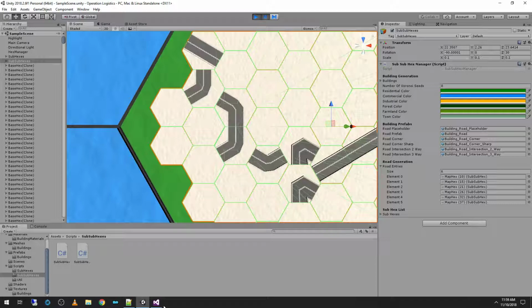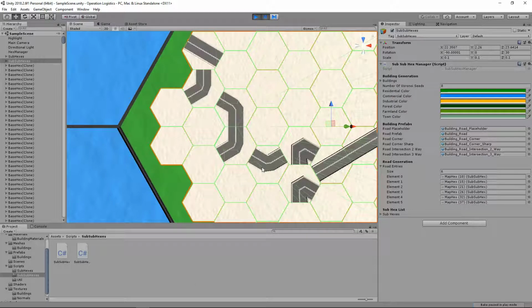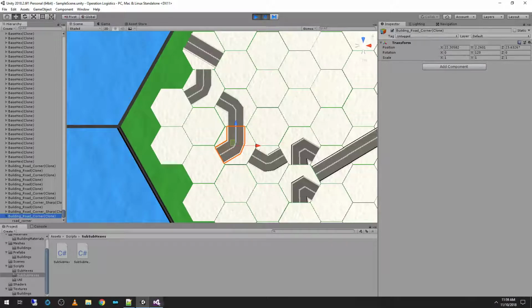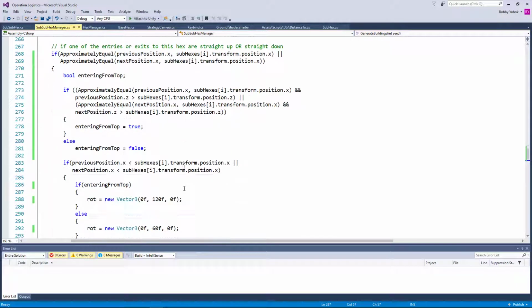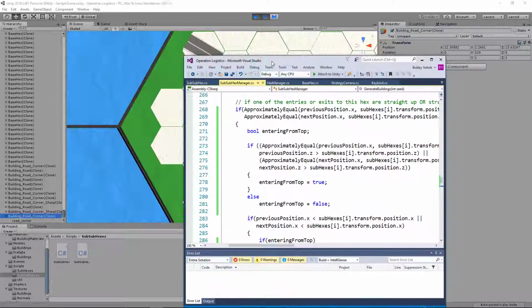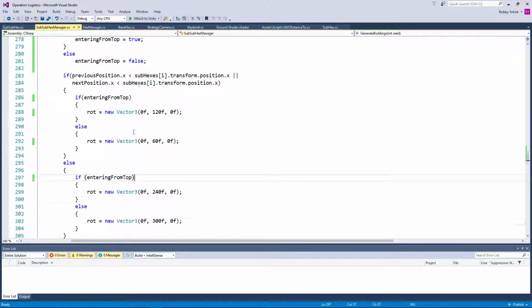So, with that being the case, hang on, this output 120 degrees, we have a vertical one here, so it should be correct. We are entering from top, we know this, and we are coming out down here. So x is greater than, so we are over here.